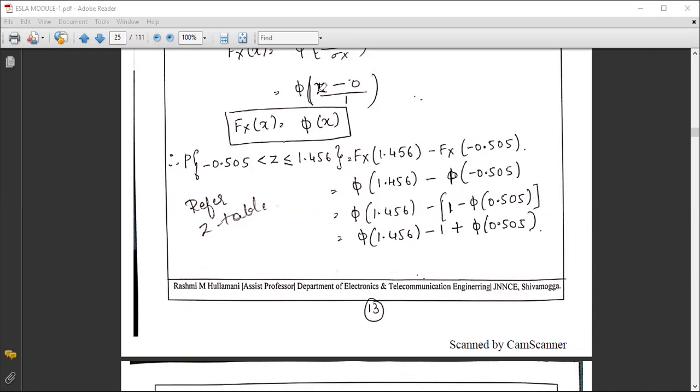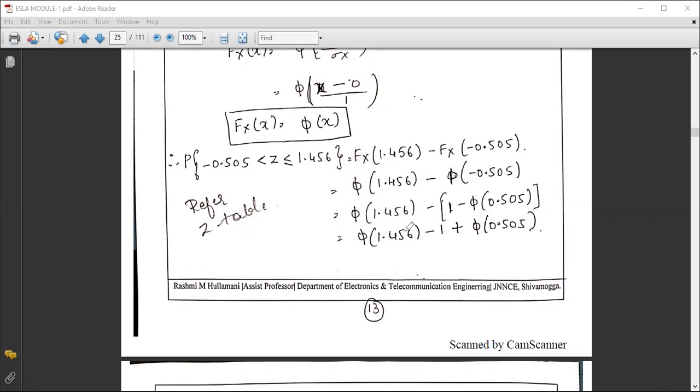F_X(1.456) gives phi of 1.456, and minus F_X(x1), which is also phi of x, here x is minus 0.505. Therefore, phi of 1.456 minus phi of minus 0.505, which is phi of 1.456 minus (1 minus phi of 0.505), since the complement is 1 minus phi of 0.505.